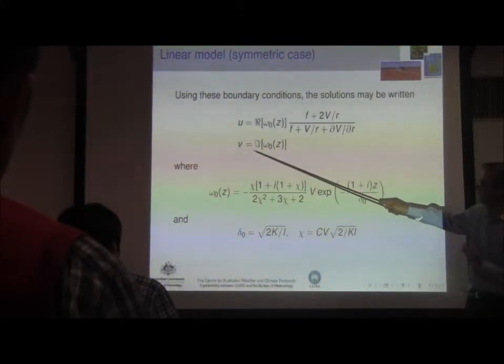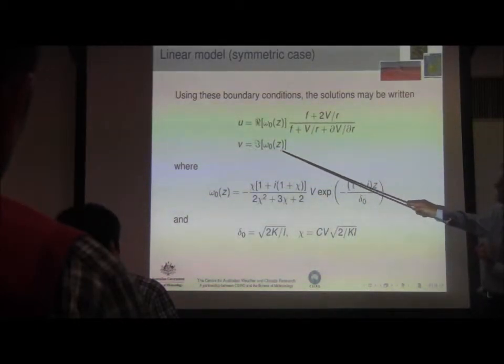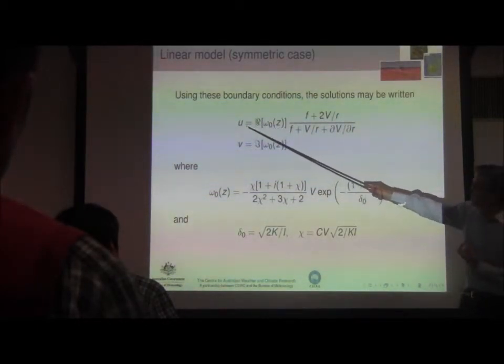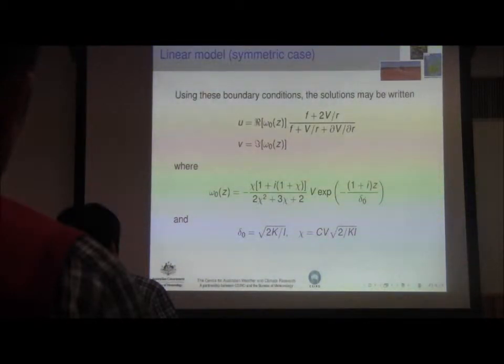Or similarly, you can solve for, say, the depth of the first wind maximum by solving for dV/dz equals 0. In practice, the depth of the inflow layer turns out to be about 2.5 times delta. So, rule of thumb, 2.5 delta is pretty close.